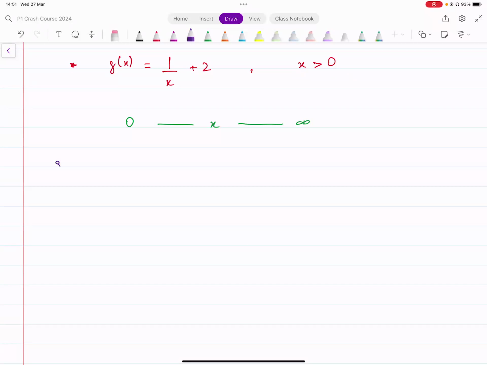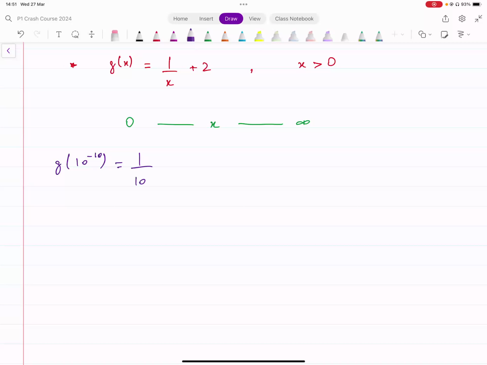So try inputting, for instance, x equal to 0.000001, something like this, right? An extremely small value. Or maybe let's write something like 10 raised to power minus 10. That means it's an extremely small value. Try inputting that and see what happens.